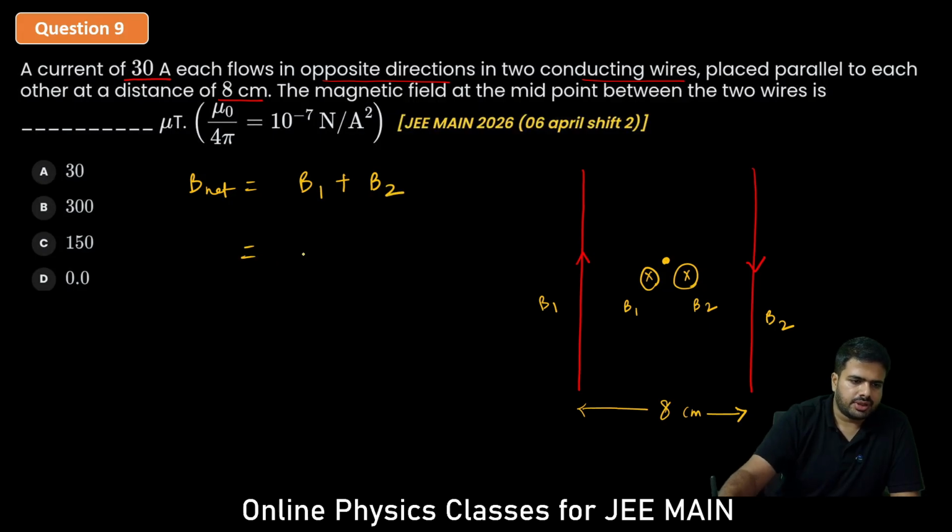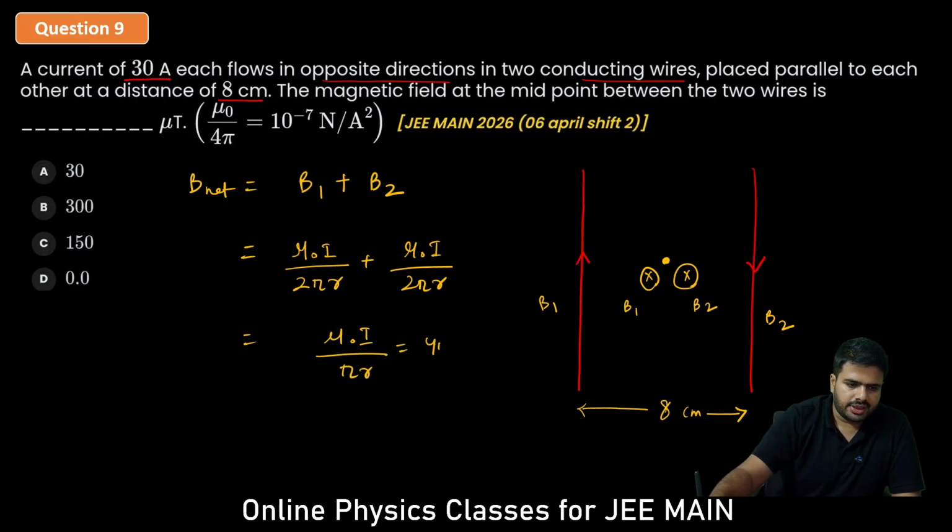B1 due to the infinitely long wire, mu naught I by 2 pi r we can substitute, plus again mu naught I by 2 pi r, both the cases same, so mu naught I by pi r. That is 4 pi 10 to the power minus 7, current value is given as 30, by pi into 4 into 10 to the power minus 2.